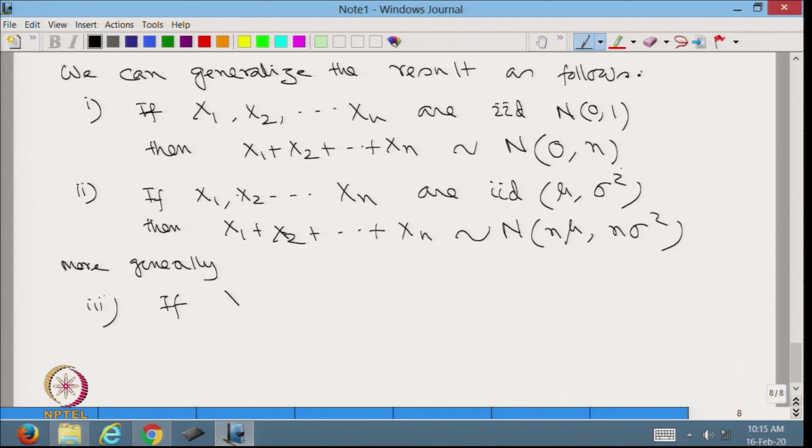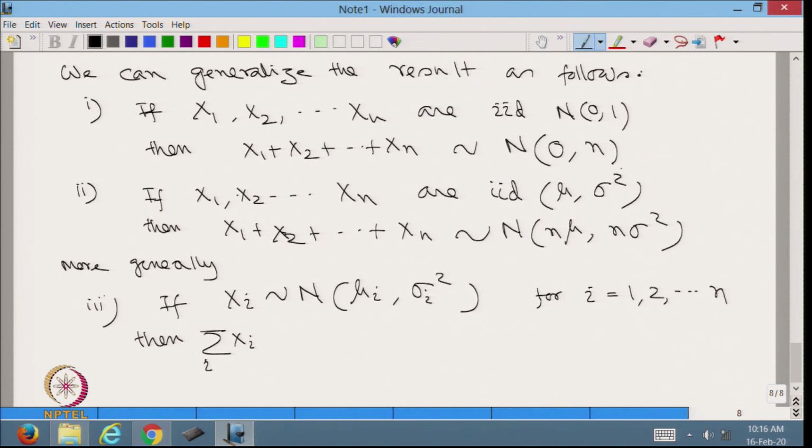if x i is distributed as normal with mu i comma sigma i square for i is equal to 1 to n, then sigma x i, i is equal to 1 to n, will be distributed as normal with sigma mu i comma sigma i square, i is equal to 1 to n.